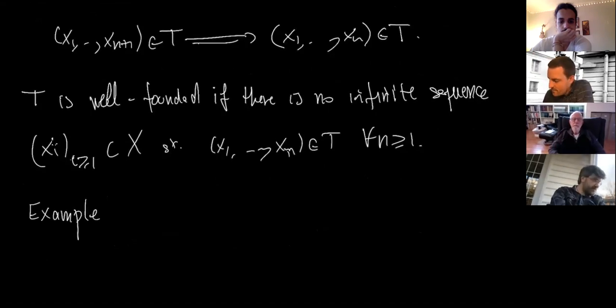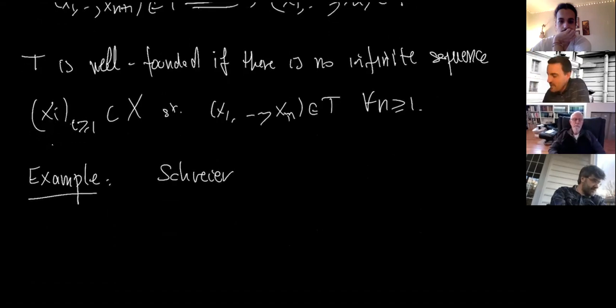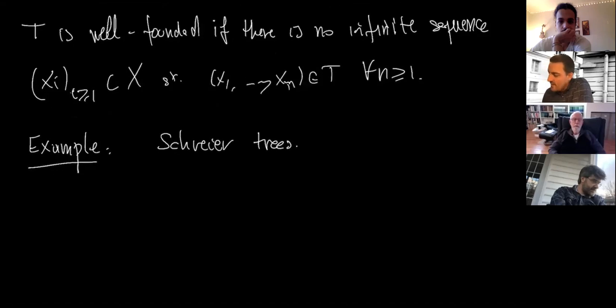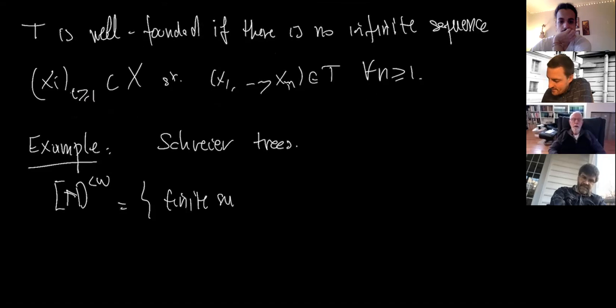Now let me pause for a moment to give an example, and these are related to the Schreier metric spaces that we consider. So the Schreier trees. Here I will look at the set of finite subsets of the integers.